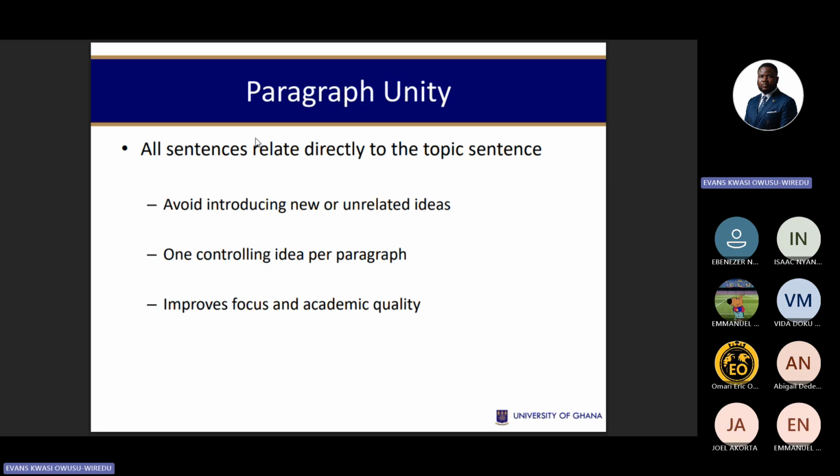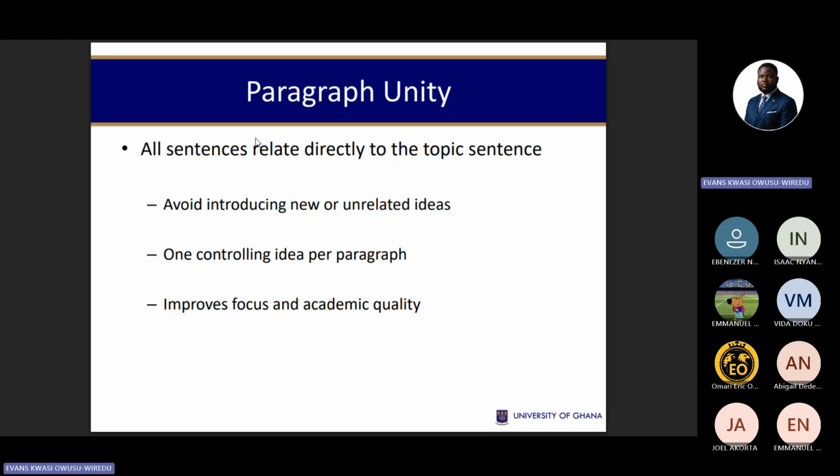When you are following this principle, it explains how they are all supposed to be connected together. And we call it paragraph unity.